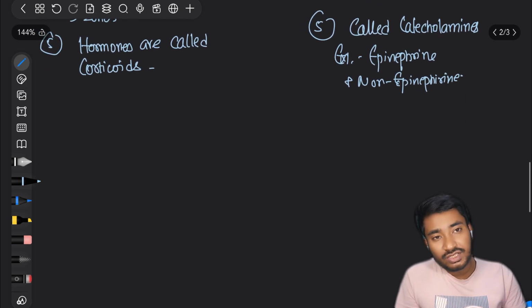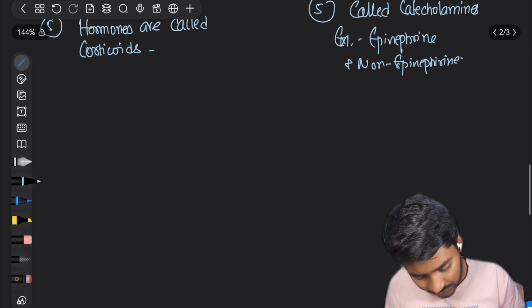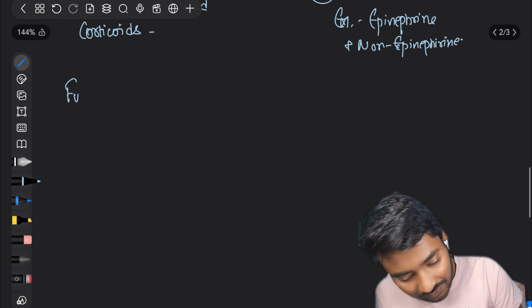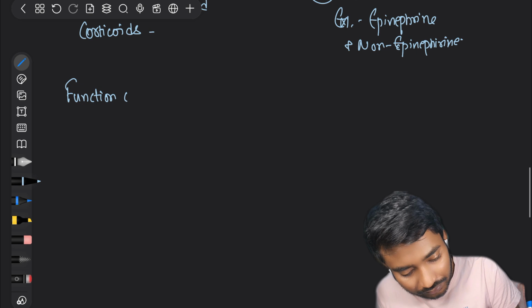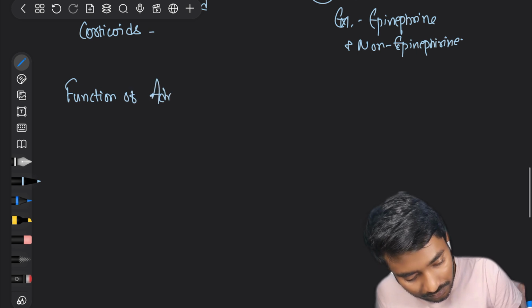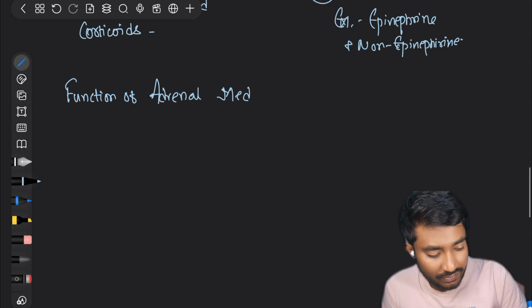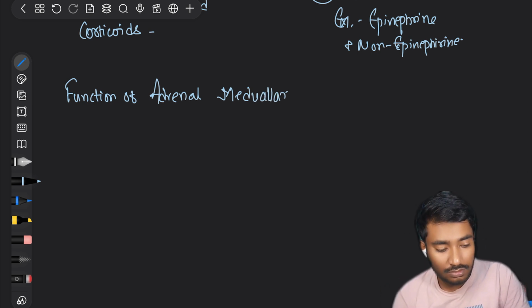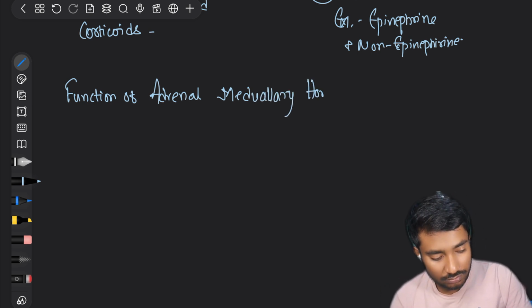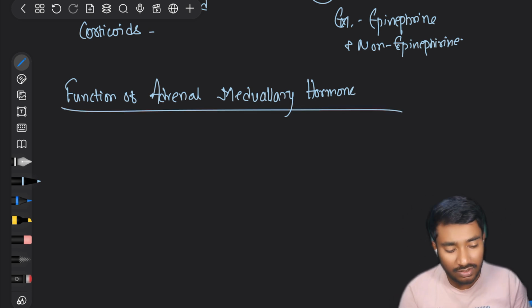So now comes the function of the adrenal medullary hormone. What is the function of the adrenal medullary hormone?